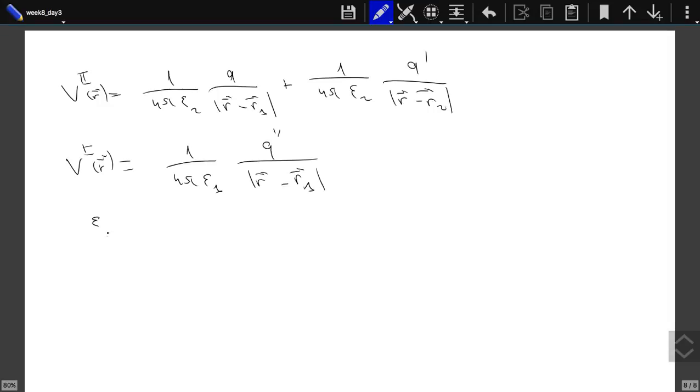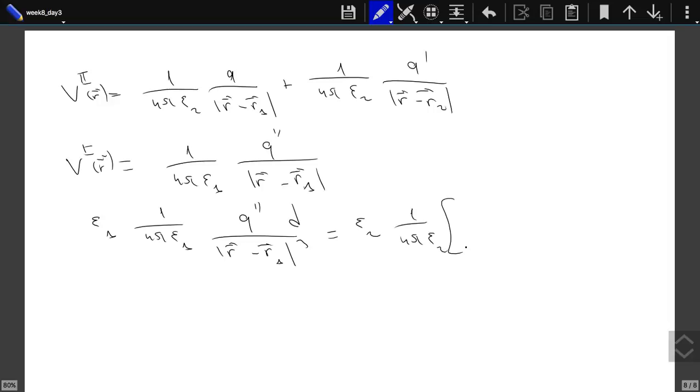So epsilon 1 times 1 over 4 pi epsilon 1 Q double prime over R minus R1 cubed times D. This is the derivative of V1 on the boundary with respect to Z. This is equal to epsilon 2 times 1 over 4 pi epsilon 2 times Q D over R minus R1 cubed plus Q prime times minus D over R minus R2 cubed. Everything is on the boundary.